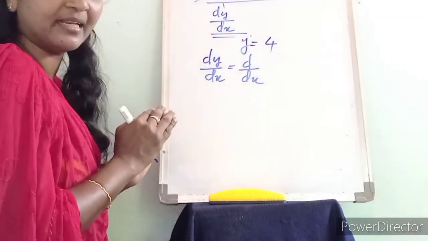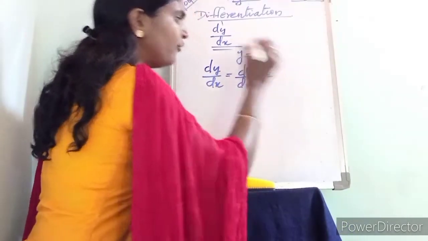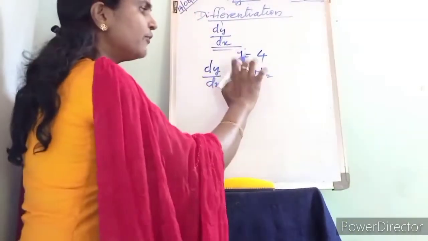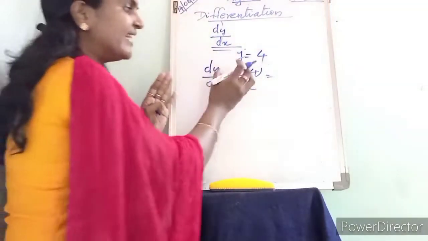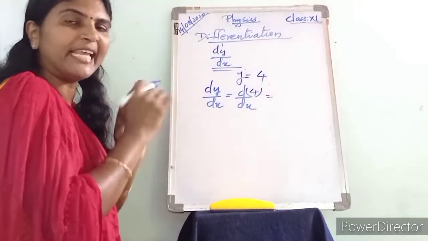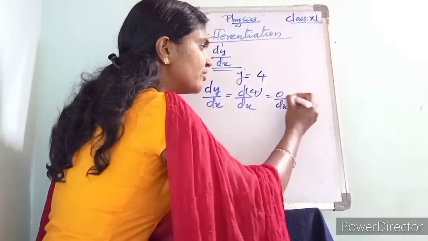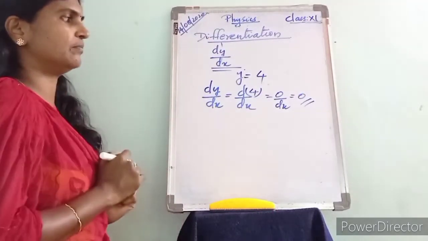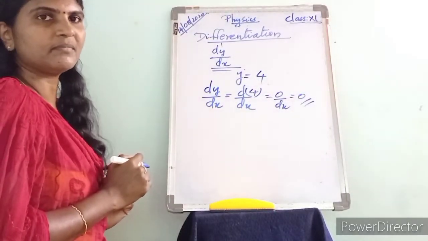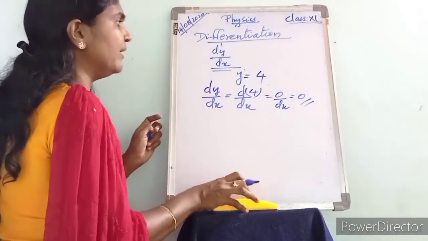Then instead of y, we can write d of 4. Already you know d of 4 is a constant, so d of 4 equals 0. 0 divided by dx is 0. Is it clear? Then next we can consider another example.